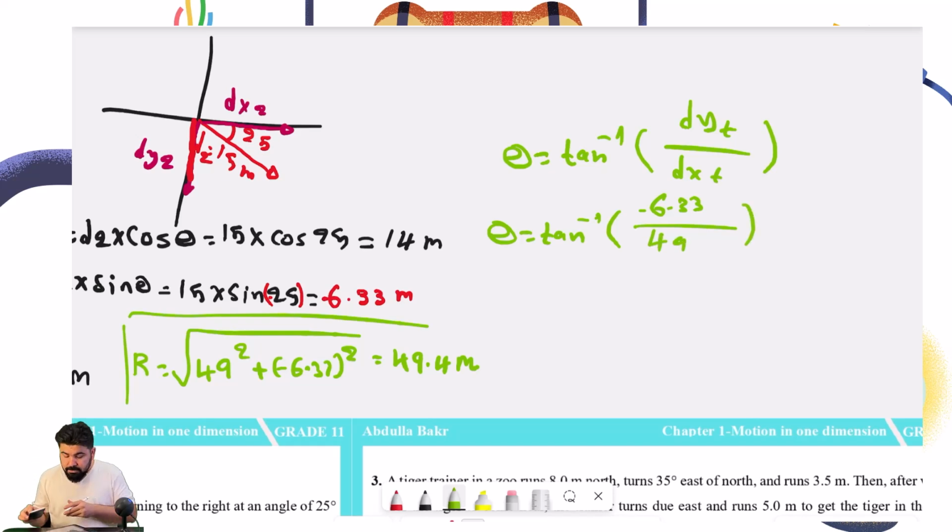Now let's calculate this. So we have tan inverse of negative 6.33 divided by 49. Let's calculate this.